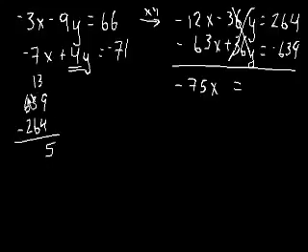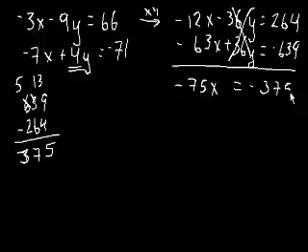I don't know if I'm right, but we'll see. Since it's actually the negative on the 639, this is minus 375. And I know that 75 goes into 300 4 times, so x is equal to 5, because 75 times 5 is 375. We just divided both sides by 75.